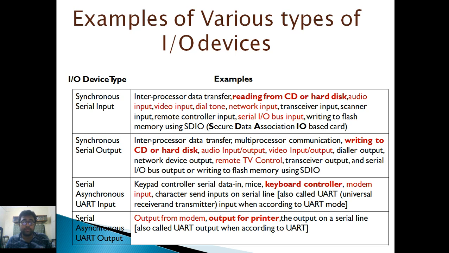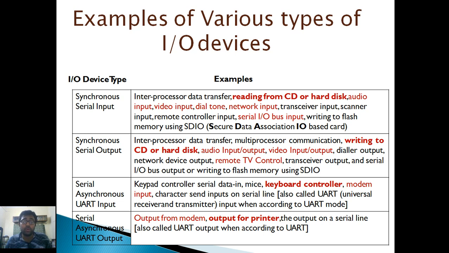Synchronous serial output: inter-processor data transfer, multiprocessor communication, writing to a CD or hard disk, audio input output, video input output, dialer output, network device output, remote TV control, transceiver output, and serial input output bus output, or writing to flash memory using SDIO.